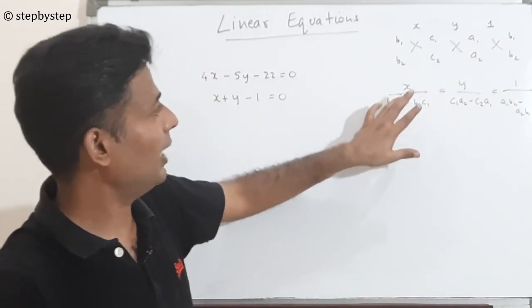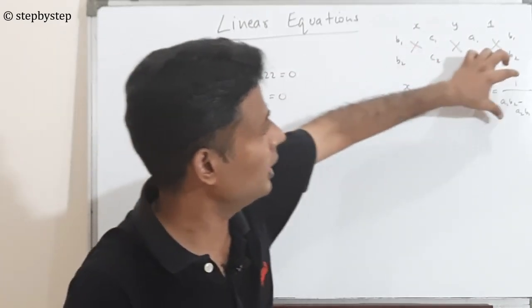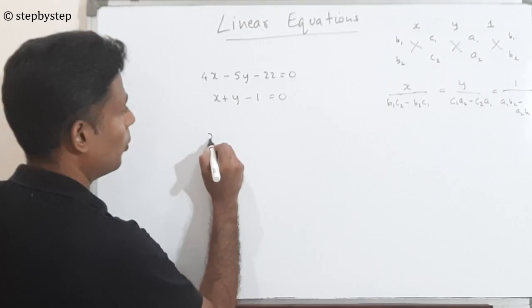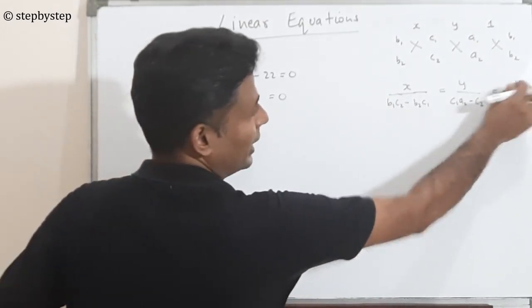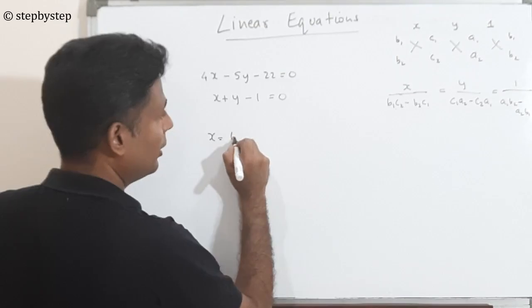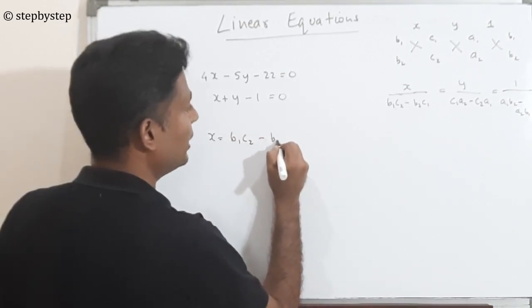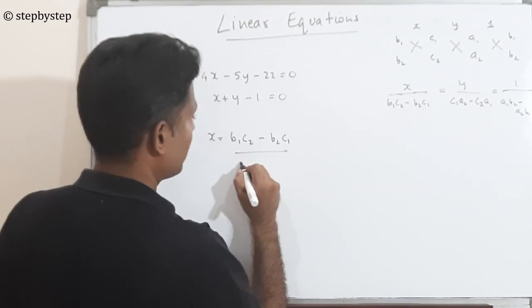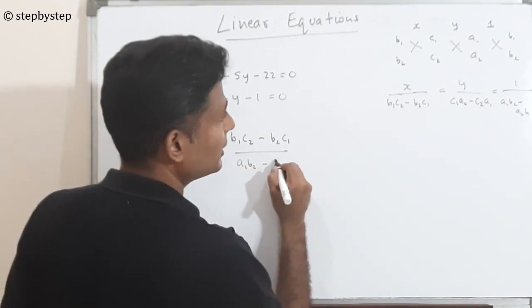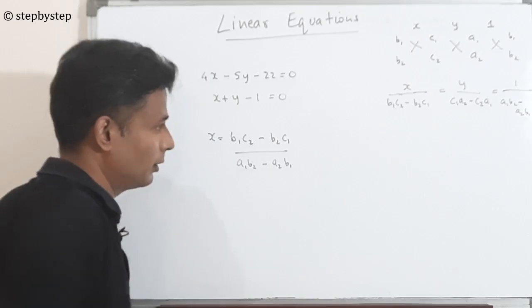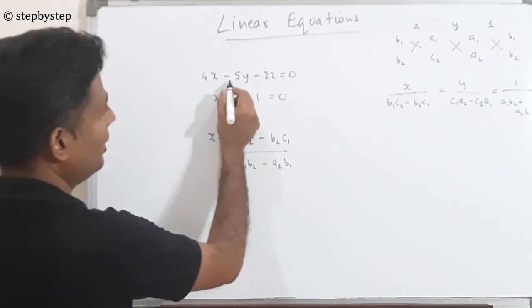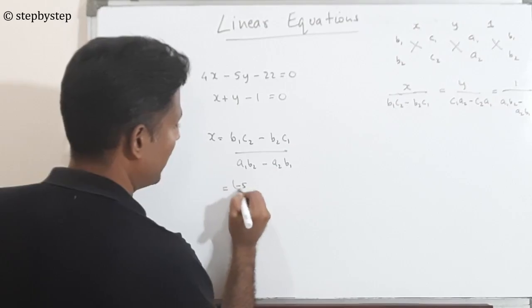Now to find x term, we'll use this equal to this. So what happens is this, when you transpose 1 into this, will be it itself. So b1 c2 minus b2 c1 by a1 b2 minus a2 b1. So how much is b1? Minus 5. Don't forget to take the minus sign.